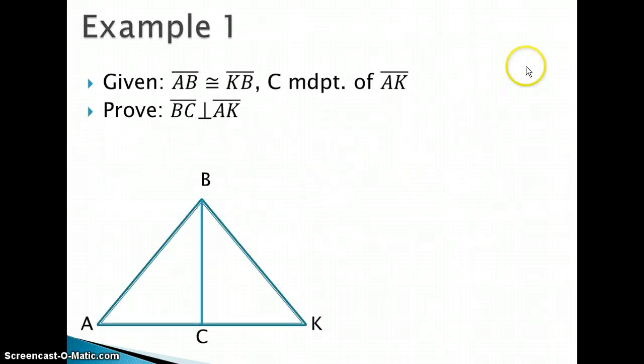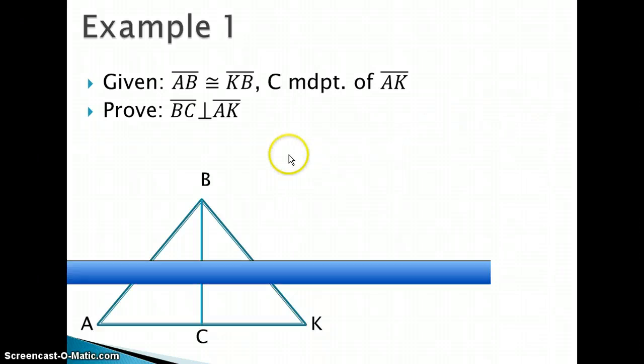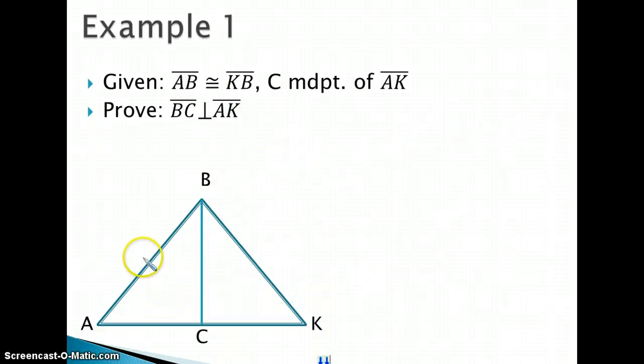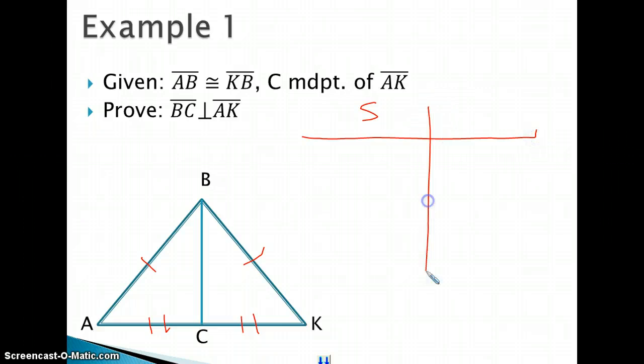So how does this work in a proof? Well, let's mark off everything we know. AB is congruent to BK. And we also know that C is the midpoint of AK. So I'm going to go ahead and mark that up. And I'm going to start my proof. So I'm going to say that AC is congruent to CK.